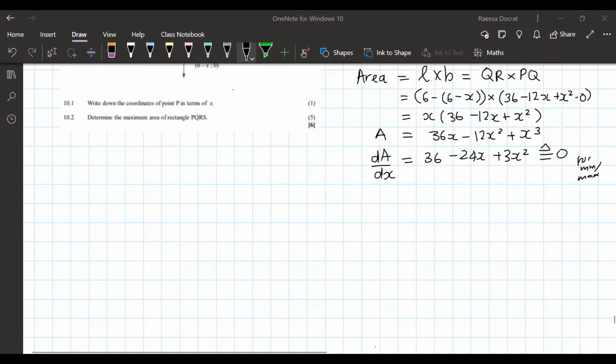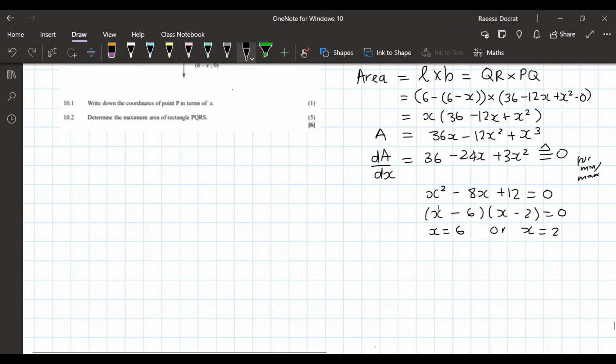So we get x squared minus 8x plus 12 is equal to 0. The factors of 12 that give us minus 8 are (x minus 6) times (x minus 2) is equal to 0, telling us that x is equal to 6 or x is equal to 2.